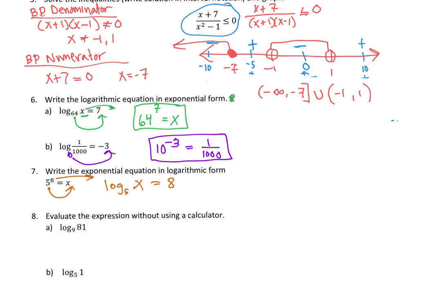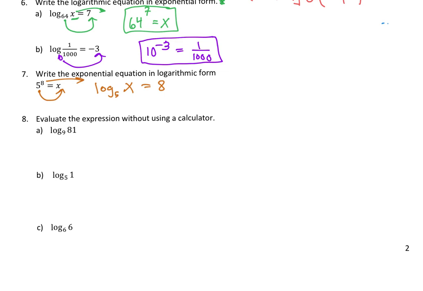Okay, the next three problems are going to have us use our rules of logarithms. So just a quick reminder about the rules. If I have log base anything with a 1 inside, that simplifies to 0.